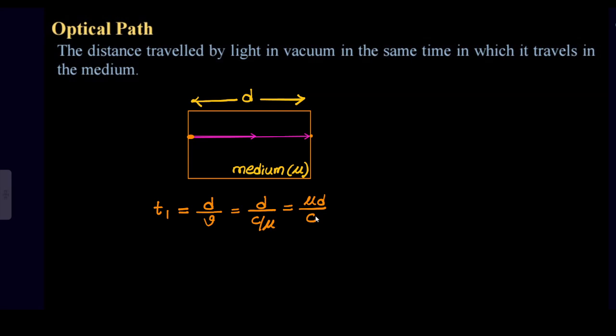Now I made the same light ray travel in air. Here the medium is air. In the same time t, I want to find out how much distance the light ray will travel.